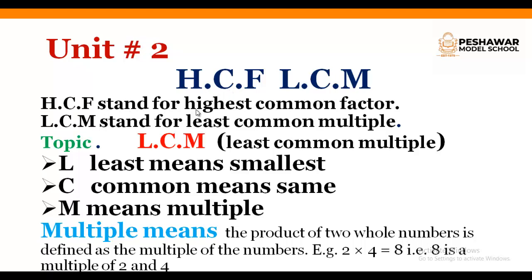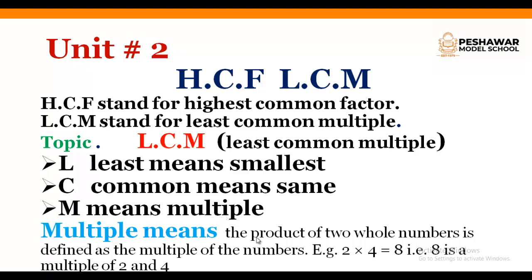HCF stands for highest common factor and LCM stands for least common multiple. Today you have to learn about the LCM because LCM is included in your midterm course. L stands for least, means smallest, C common means same, and M means multiple. So let's see what is multiple.